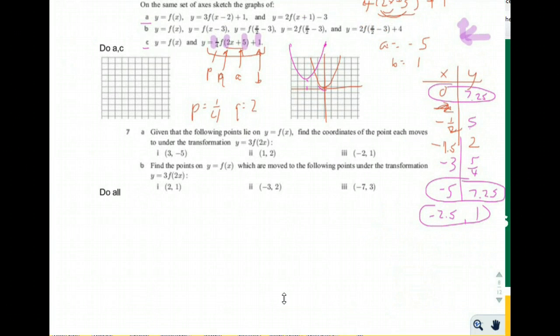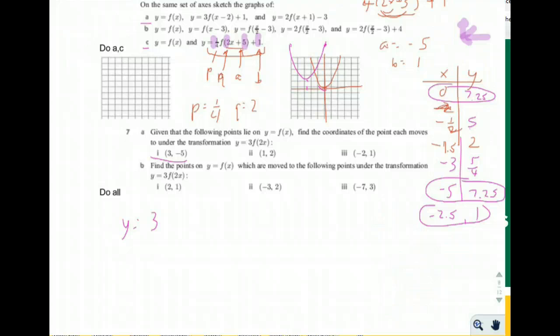Number 7, given the following points lie on y equals f of x, find the coordinates of the point each moves to under the transformation y equals 3 f of 2x. Okay, so let's take just this first point here and see where that goes.